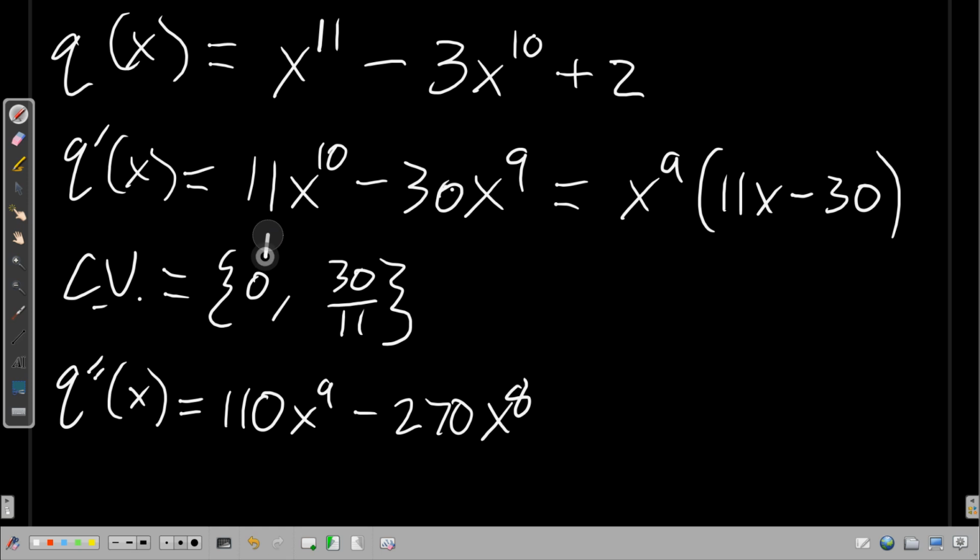It's exactly where the tangent line is horizontal, and all we're doing is verifying that it doesn't do something like this. Because if it does something like that, then the tangent line was horizontal right there, but it changed concavity.